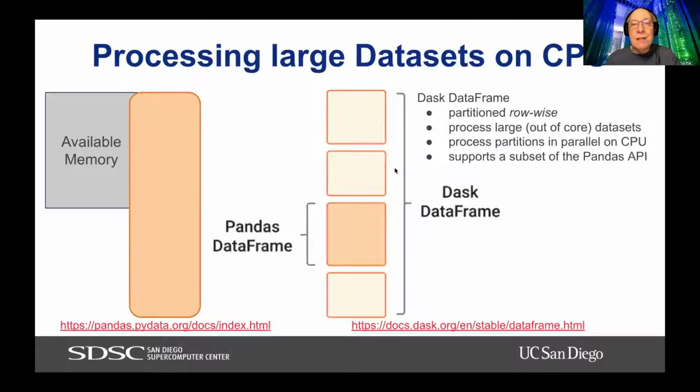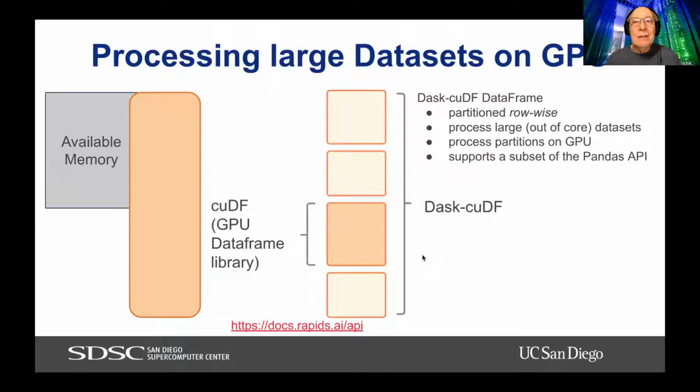Those partitions can run in parallel on multiple CPU cores. The Dask data frame, unfortunately, only supports a subset of the Pandas API, but most of it. So this is a good way if you're dealing with very large data sets that don't fit into memory. You can instead use a Dask data frame that splits it up into pieces, plus it runs in parallel.